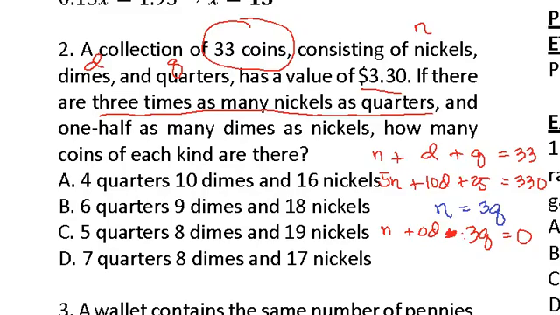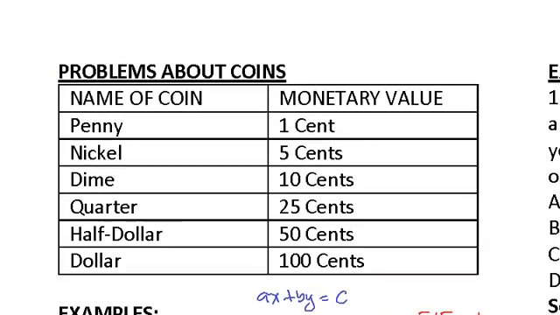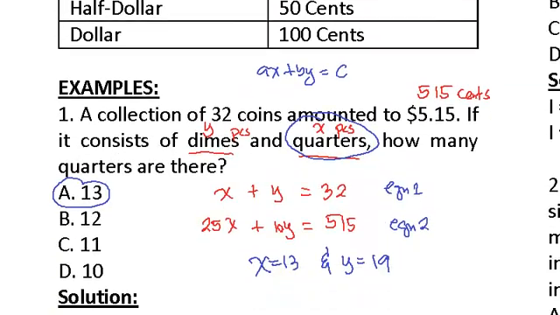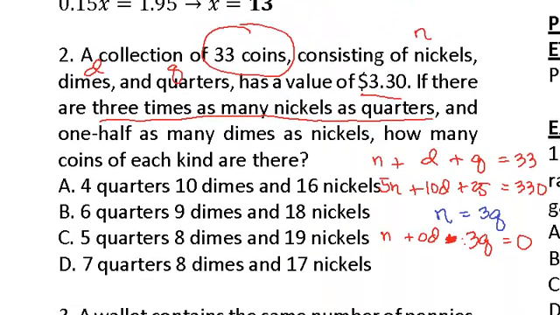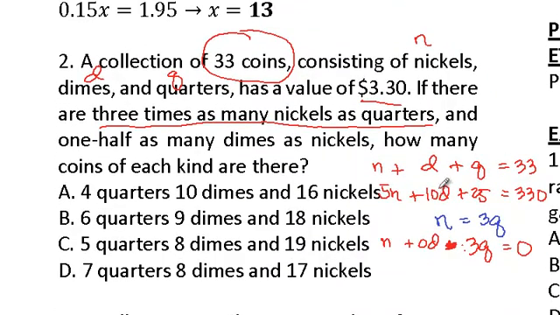Previously we discussed that a nickel is 5 cents, a dime is 10 cents, and a quarter is 25 cents, so plus 25q. I forgot to write q here.